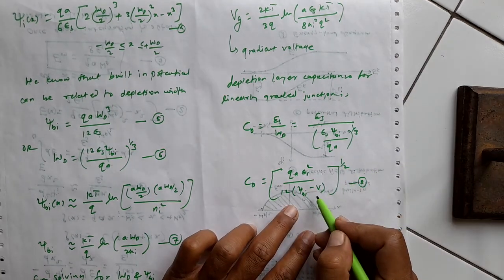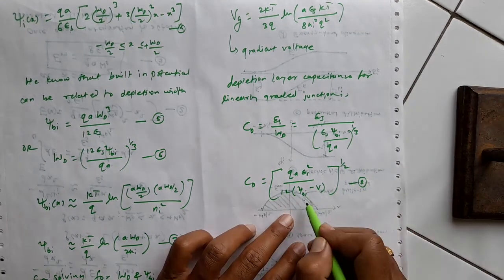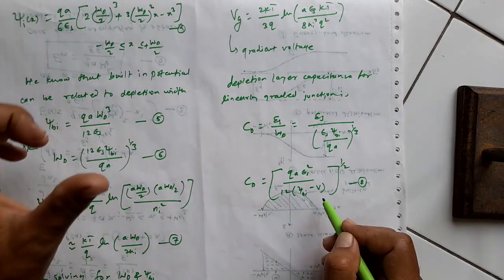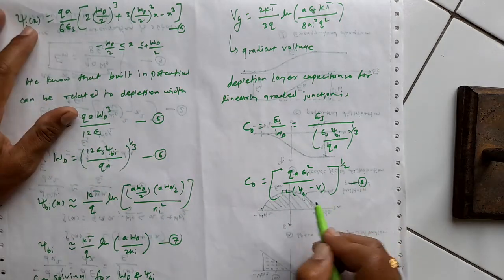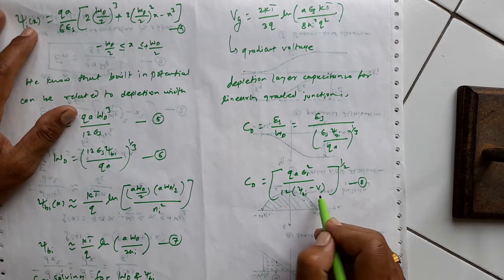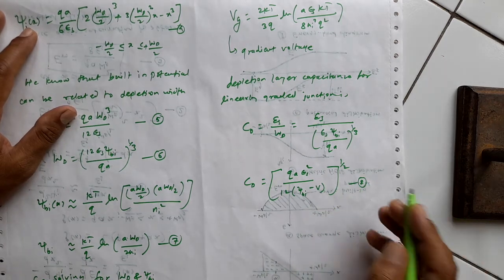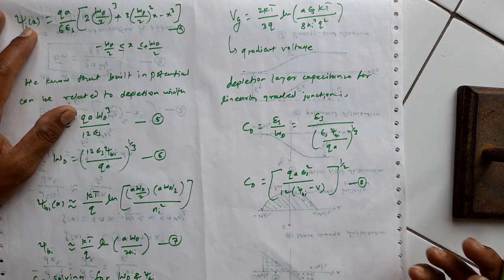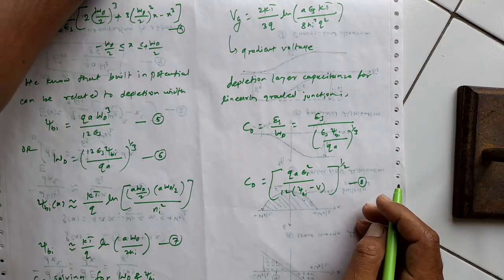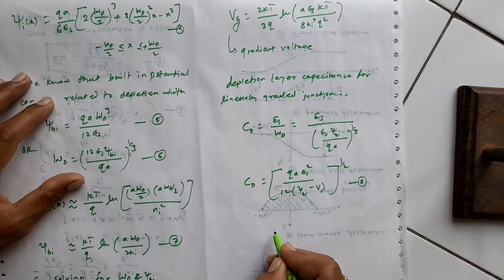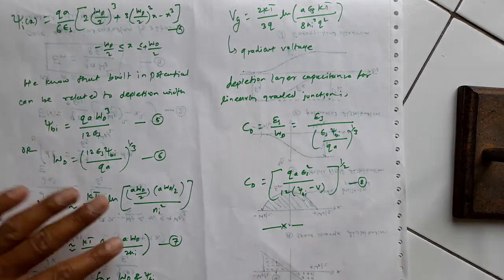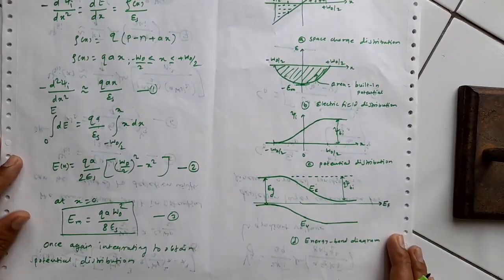But here we can bias our junction by applying either a positive or a negative potential, so we can have a forward bias potential or a reverse bias potential. So this is the linearly graded junction, with the potential and the capacitance corresponding to it.